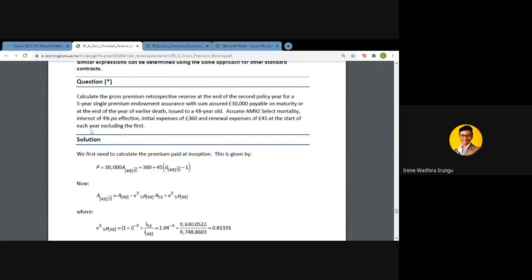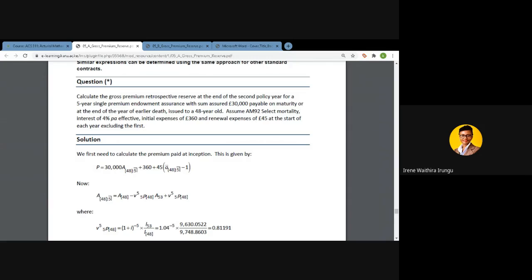So that means we are now looking at an annuity due case because it's a renewal expense which is being paid at the start of each year, excluding the first. So in that case, we'll have it as a-due, again, 48 select for the next 5 years, but we less the first payment. So we now need to solve for this equation so that we get the premium.